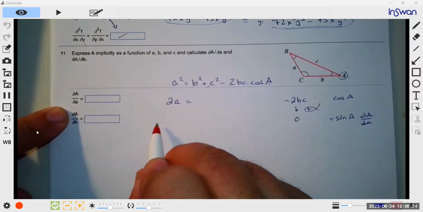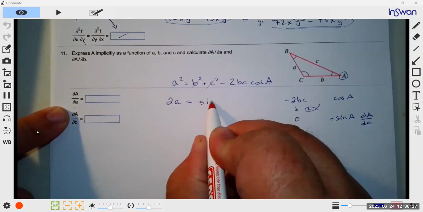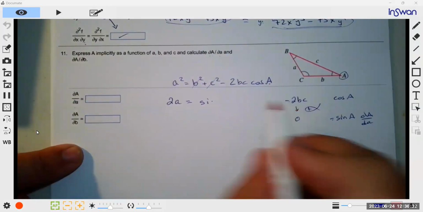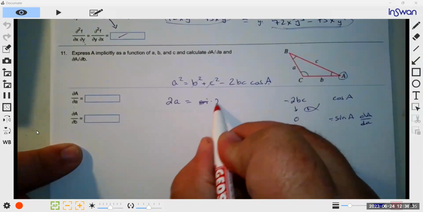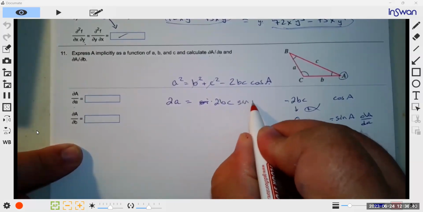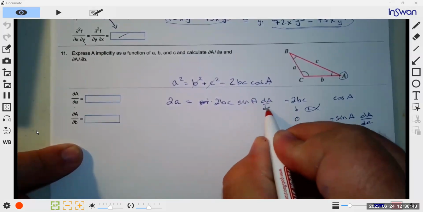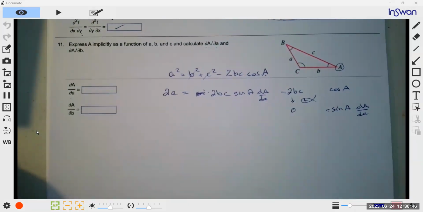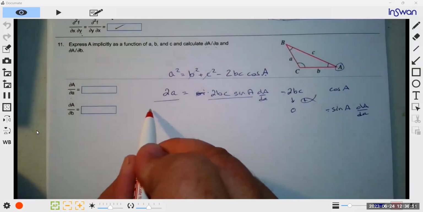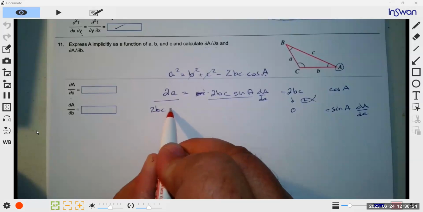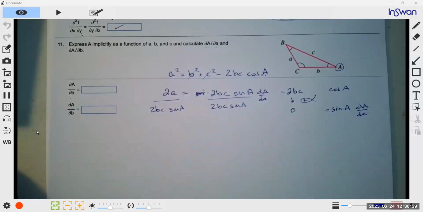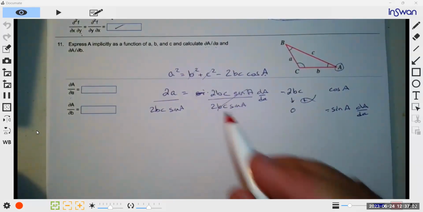So it's 2bc sine A dA/da. Divide both sides by this, those cancel.